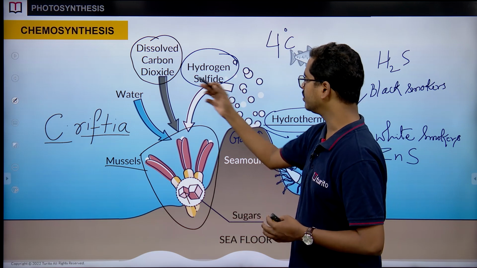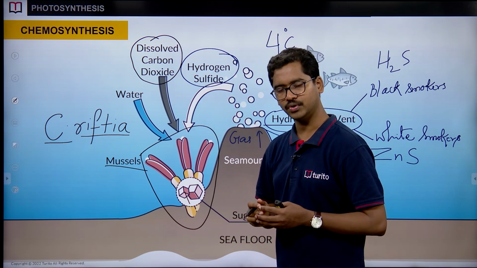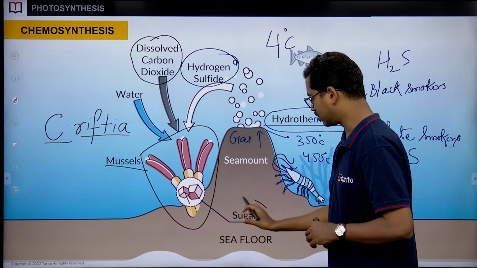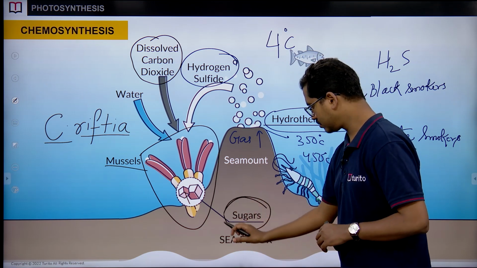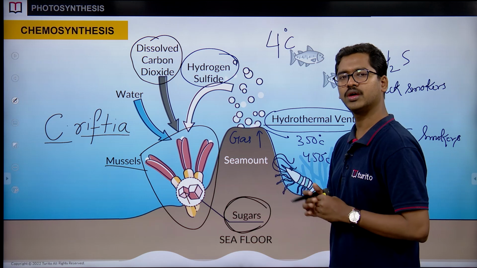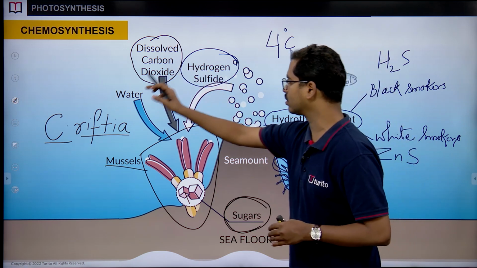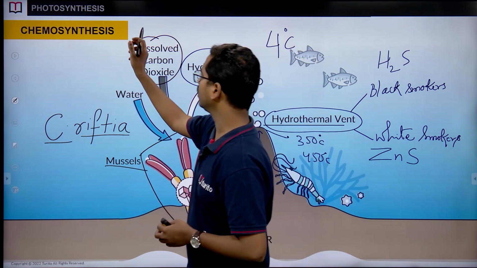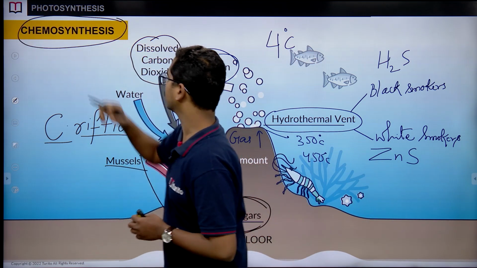Using these three chemicals, they prepare their own food, that is denoted here as sugars. Because they are using only chemicals to generate their nutrition, this process is known as chemosynthesis.